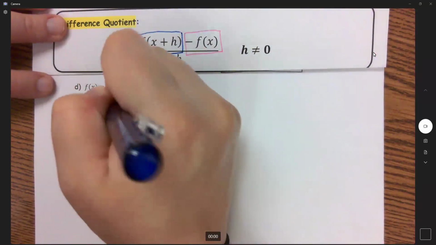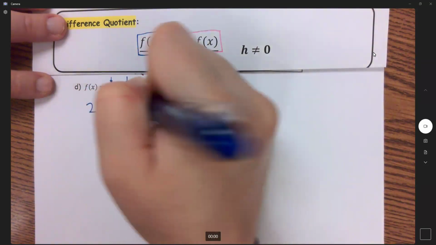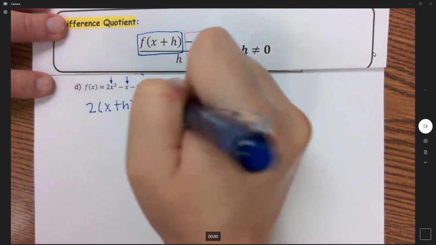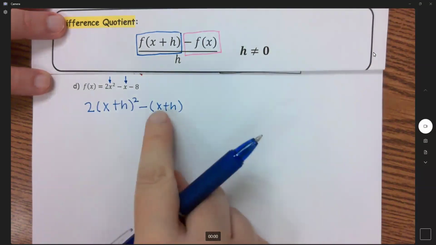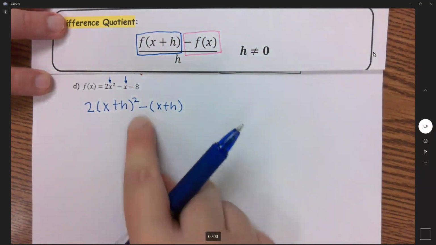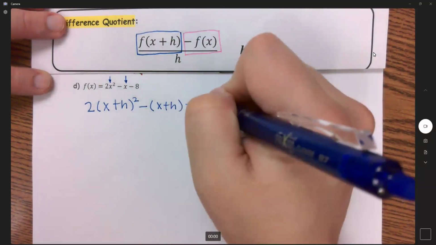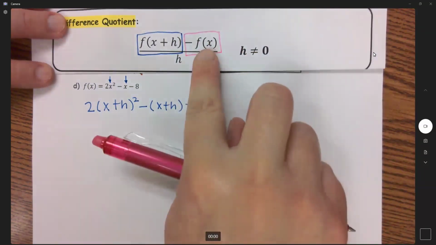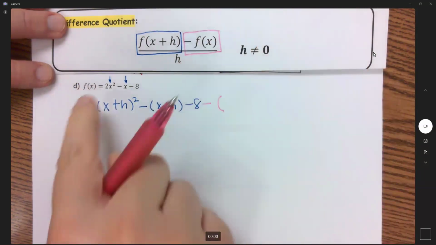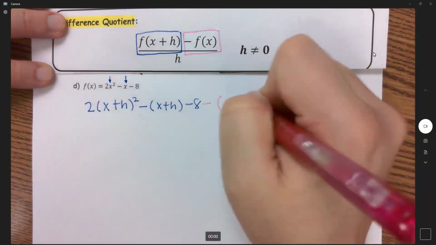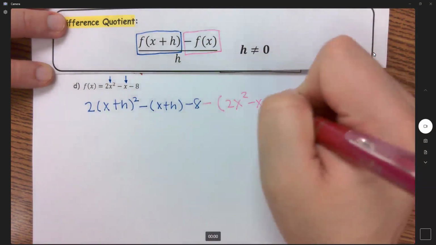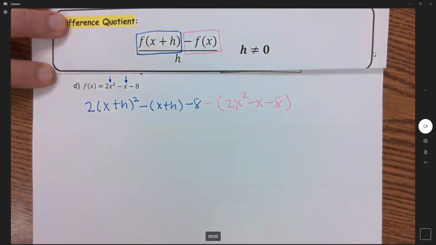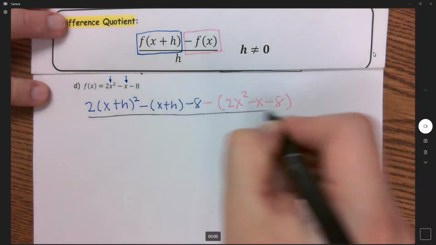So we get 2 times x plus h squared minus x plus h. Be careful here, that still goes in parentheses with a negative out front, minus 8. Now negative f of x, so minus your entire function. And this is all over h.